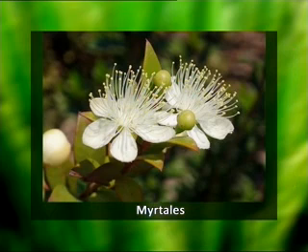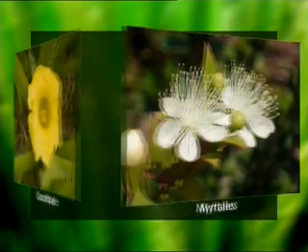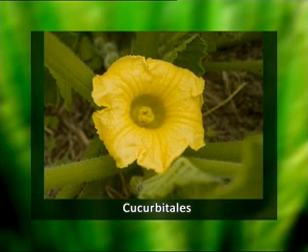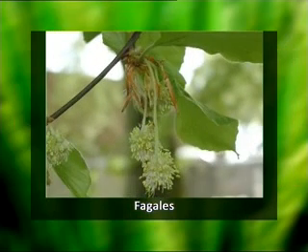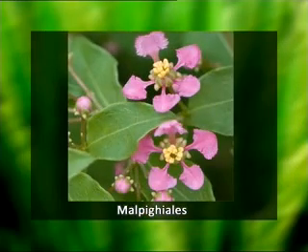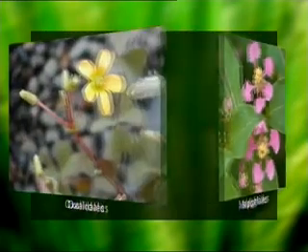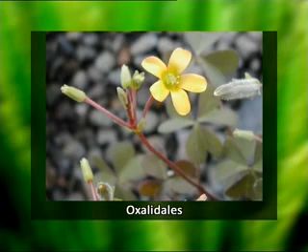Myrtales is the same order wherein we have the eucalyptus-like trees. Then followed by cucurbitales. It is an order wherein we have some plant taxa which we use as common vegetables. Then followed by fabales. Fabales is an order wherein we have the legumes, followed by fagales. This fagales order is followed by malpighiales, which is followed by oxalidales.